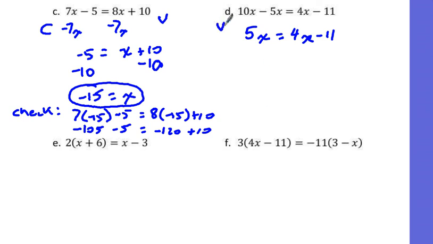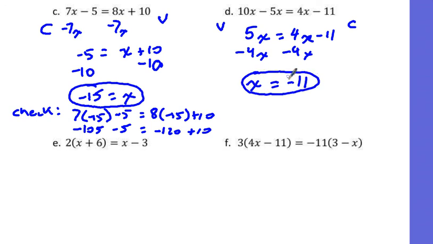Well, I'm going to do that here as well, actually. Variables on the left side, constants on the right, because I want x to be positive. So if I subtract 4x from both sides, I find out that x equals negative 11. You can substitute this in and we'll find that it does check. But for sake of time, I'm not going to go through the check again here.